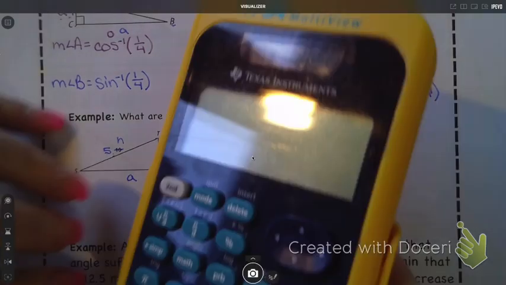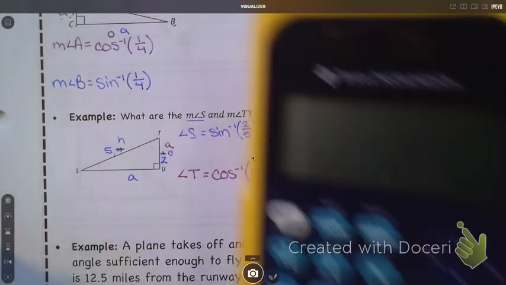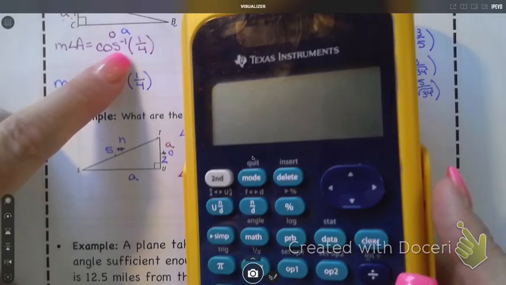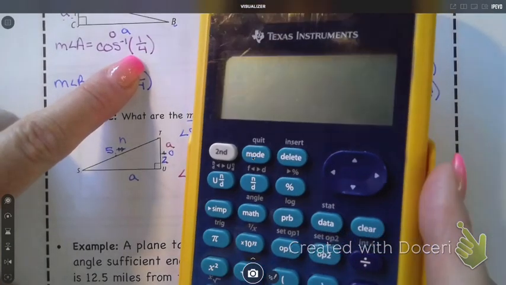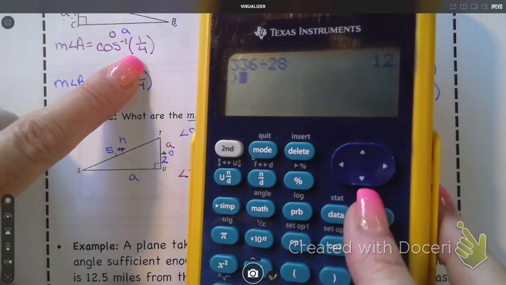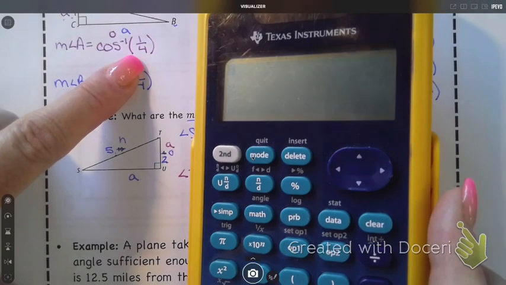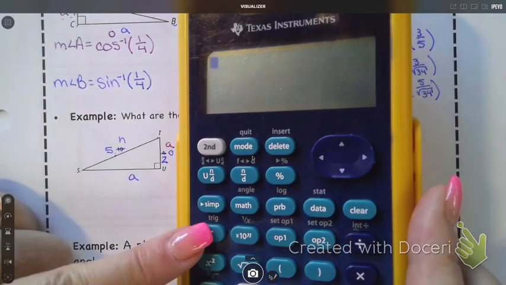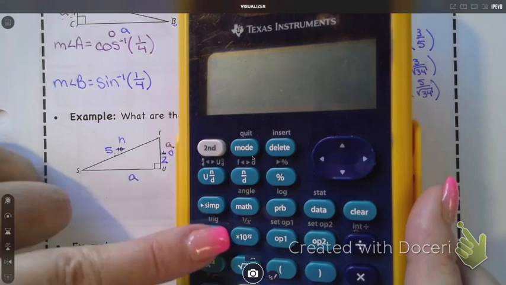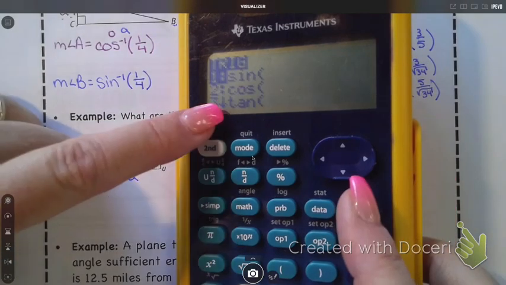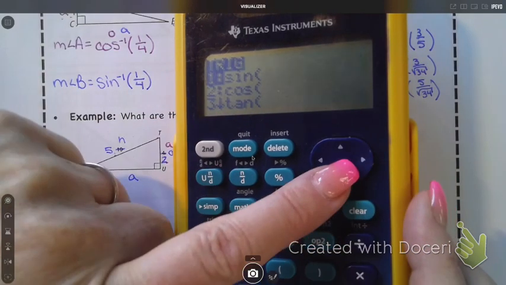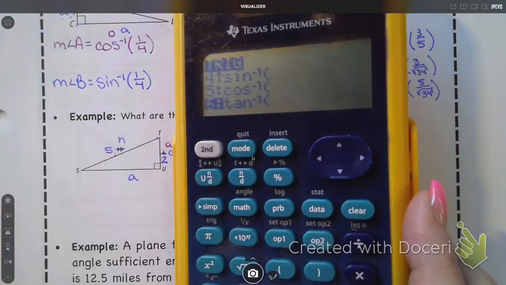So on the calculator, we have the inverse cosine of 1/4. Where did I find the trig stuff yesterday? Under trig, right? So I hit second trig, and I only see sine, cosine, and tangent, but if I hit the down arrow, look what happens. I have inverse sine, inverse cosine, and inverse tangent.